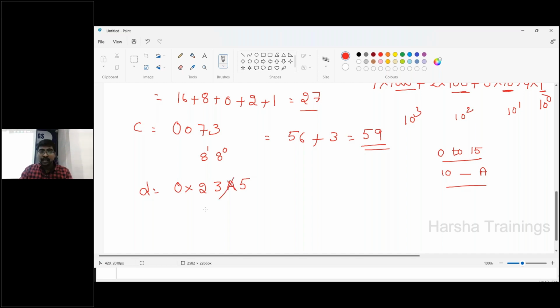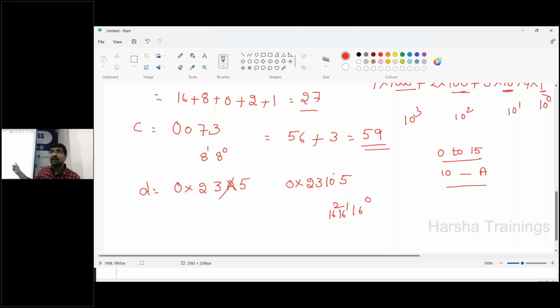But initially, I don't know A. My intention, observe my intention: 0x 2 3 10 5. What is my intention? This is 10. But how does the system take it? 5 into 16 power 0, 0 into 16 power 1, 1 into 16 power 2.